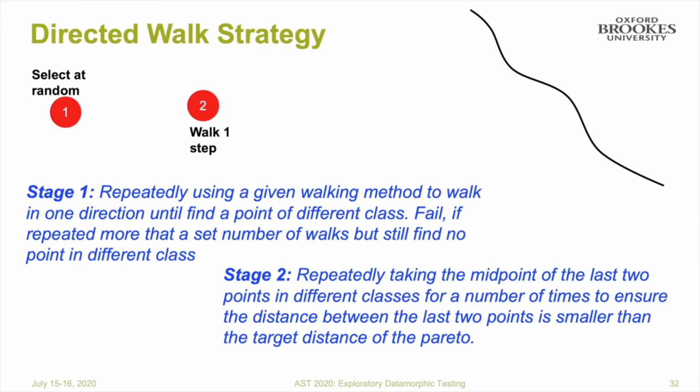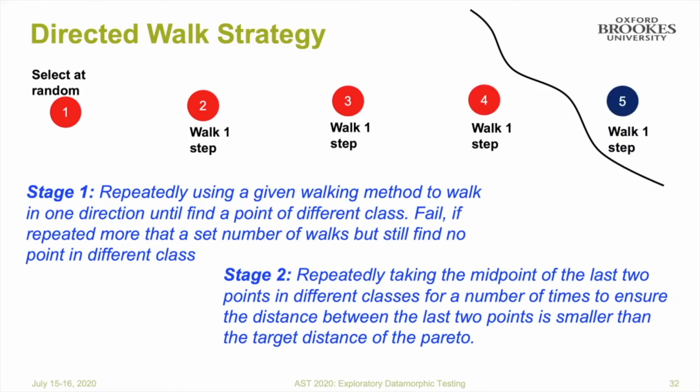If it's not, it will take another application of the same datamorphism to generate another test case. This process is repeated a number of times until it finds a data point in a different class. The last 2 test cases in different classes are used for the second stage to refine and find the 2 test cases that are close to each other to be included in the parental front.